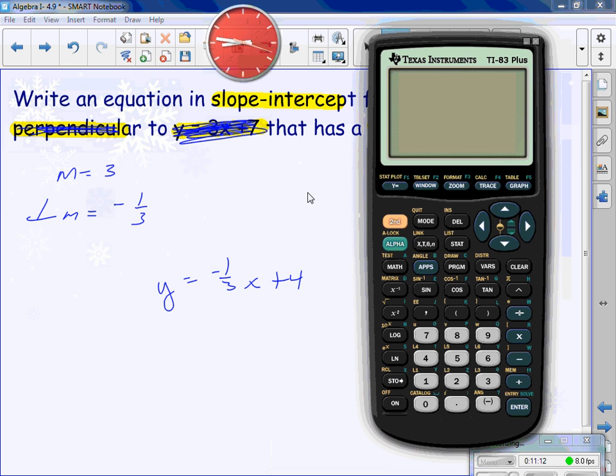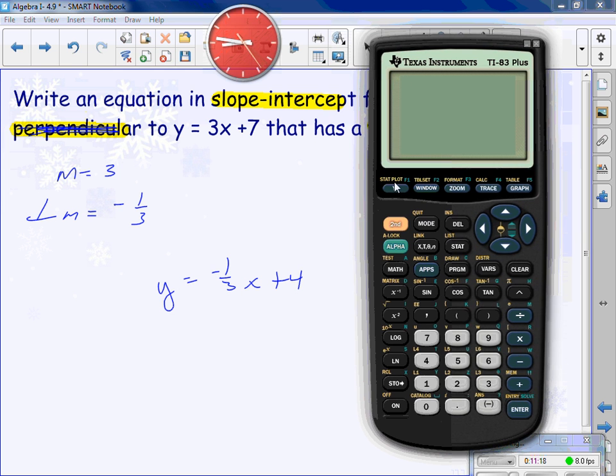Now I'm just going to show you in the calculator real quick. Three x plus 7. Enter. Negative 1/3 x plus 4.